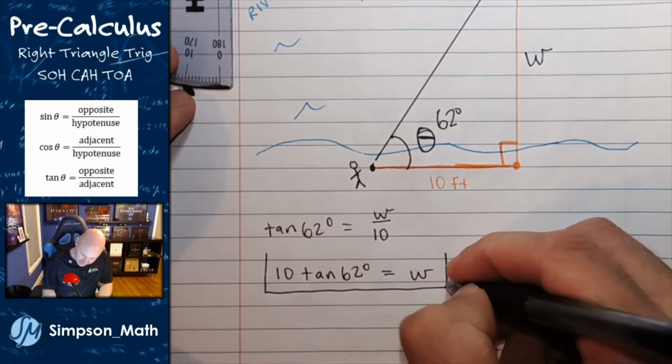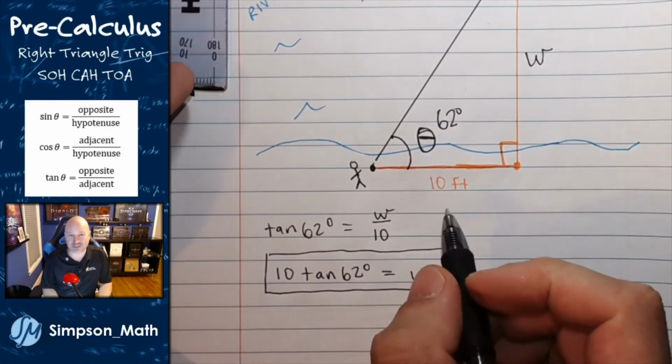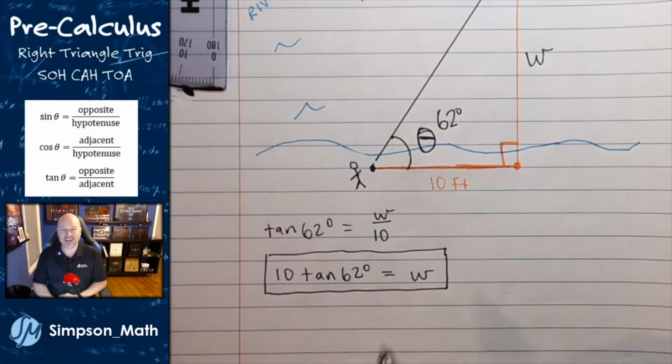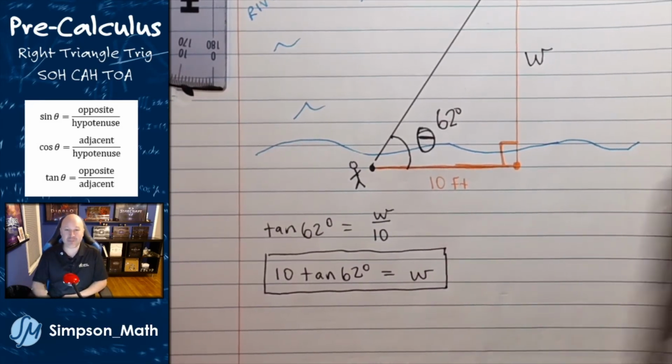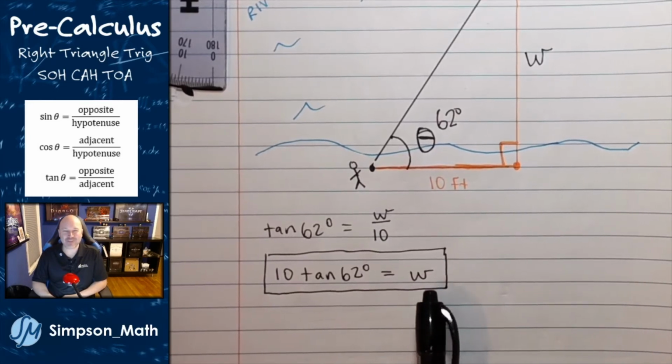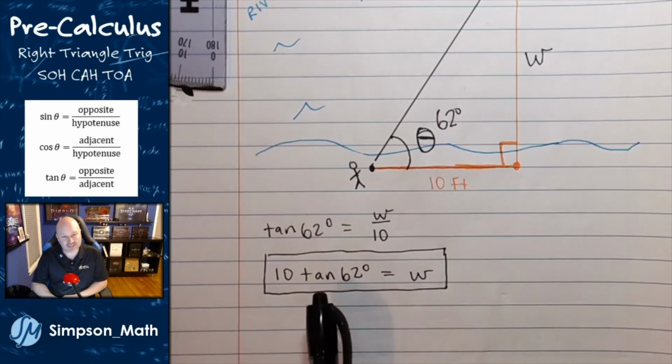If I really was building a bridge, I would want to be as exact as possible. I do not want to round too early because if I make some rounding errors, then we're all dead. But here we go. The width of the river is 10 being multiplied by the tangent value of 62 degrees.